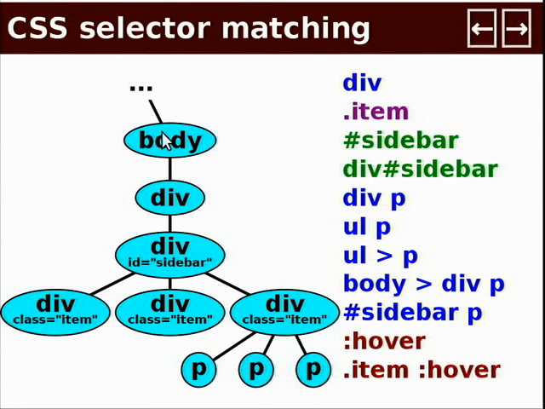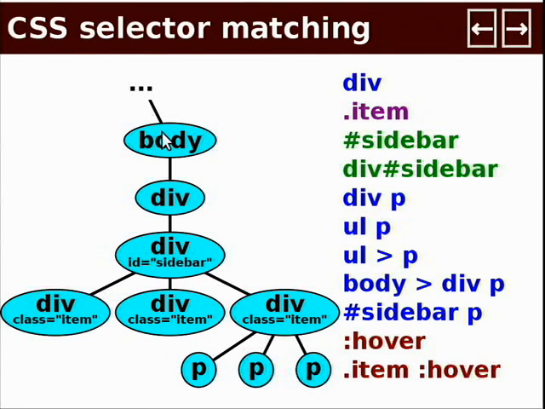Now, the way we avoid the problem of having to match every element against every selector is that we hash the selectors into a bunch of buckets in advance to filter out the ones that we know aren't going to match. And all that filtering is done on the rightmost part of the selector, in other words, the part to the right of the last combinator.